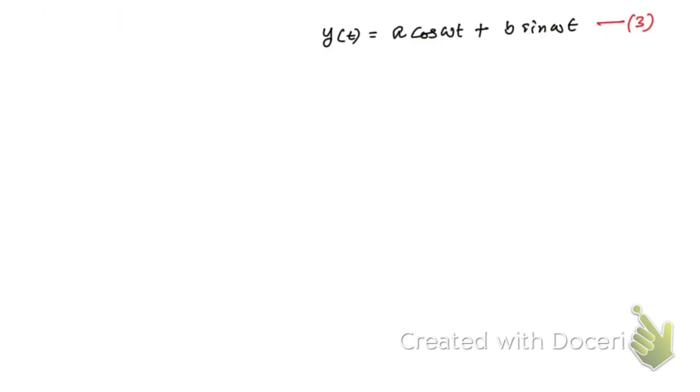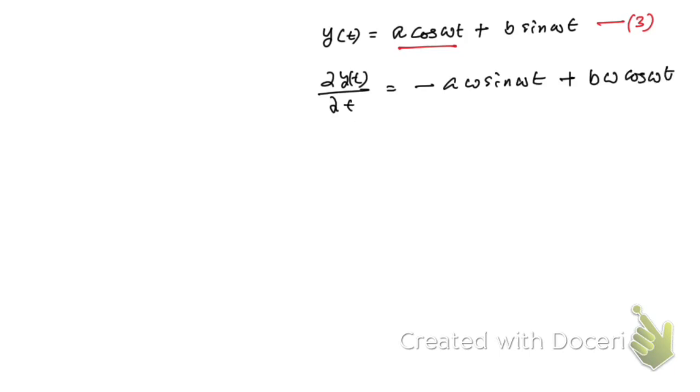If you differentiate it once partially with respect to time t, it is going to be minus a omega sine omega t, as it is a function of a function. Again, you have to differentiate omega t, so that's why this omega comes out, plus b omega cos omega t.